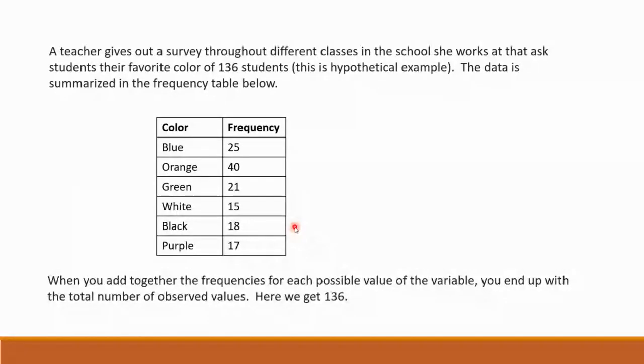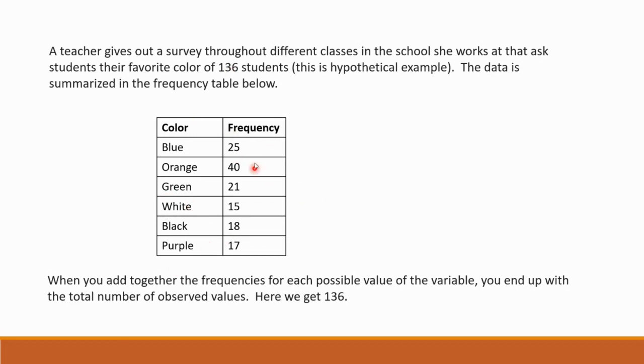All right, well, here's our first example. Again, it's all hypothetical, but a teacher goes around, does a survey in school, and what she does is she asks the students their favorite color. What is their favorite color? How does she give out the survey? For now, that doesn't matter. But these are the respondents.